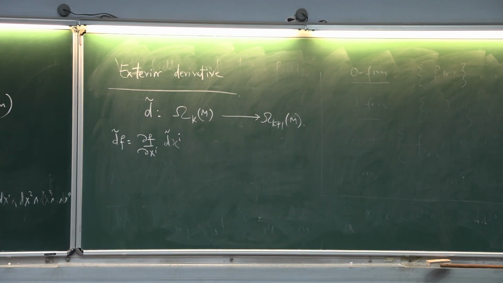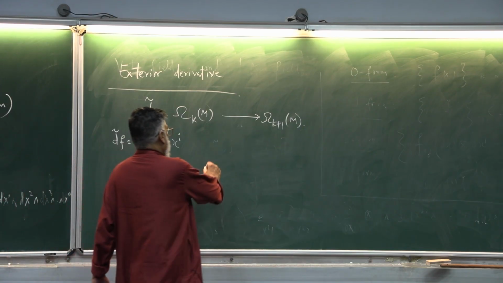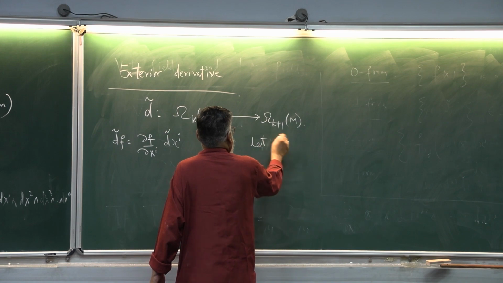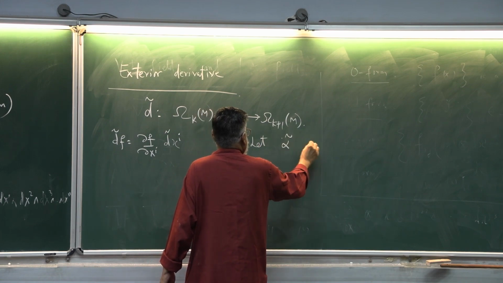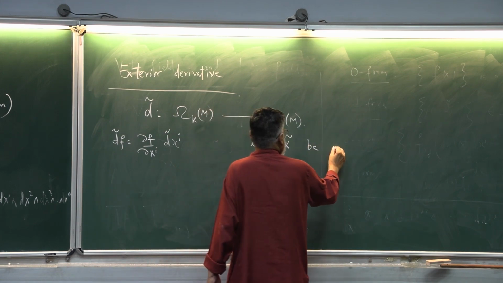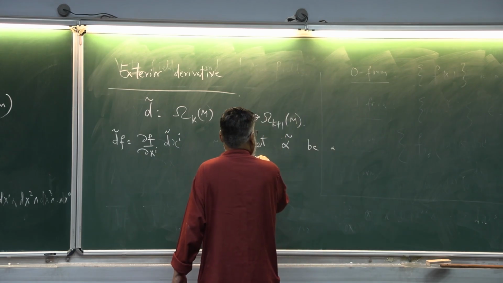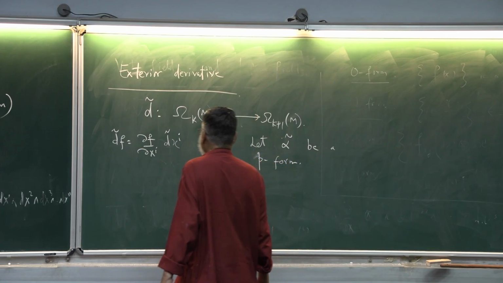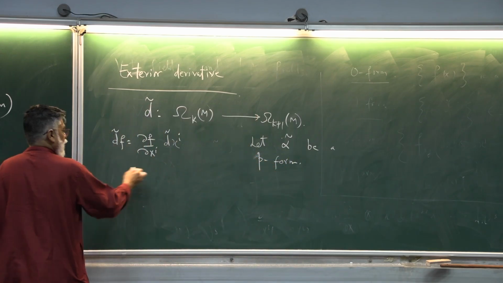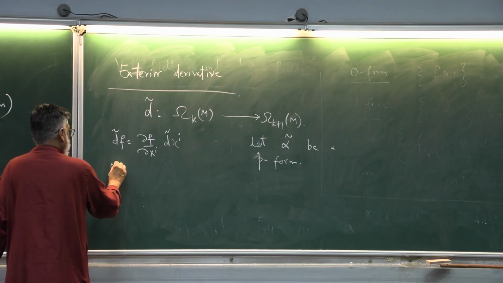So let alpha be a p form. If alpha is a p form, alpha can be written as we were discussing earlier.